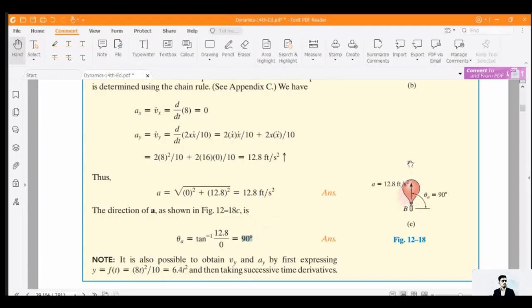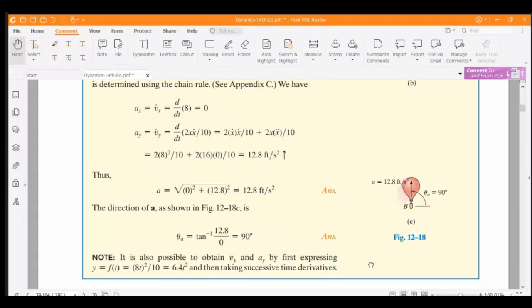That is why it is along the y axis as well, and that is why the tangent is 90 degrees. Any question? No, sir. Okay.